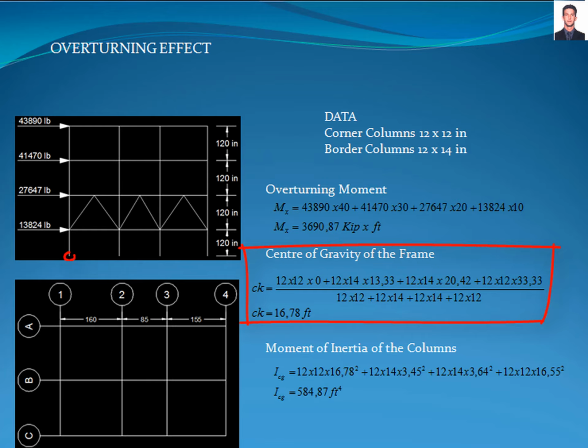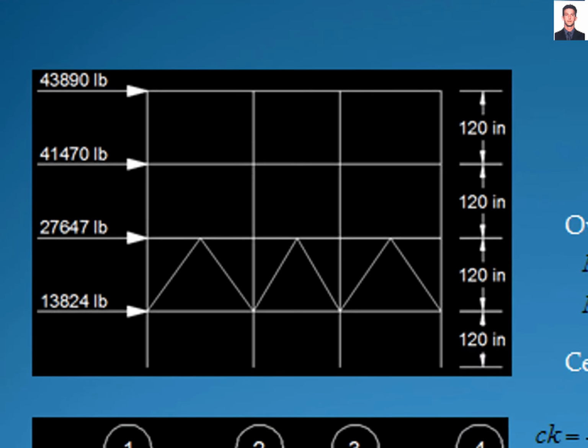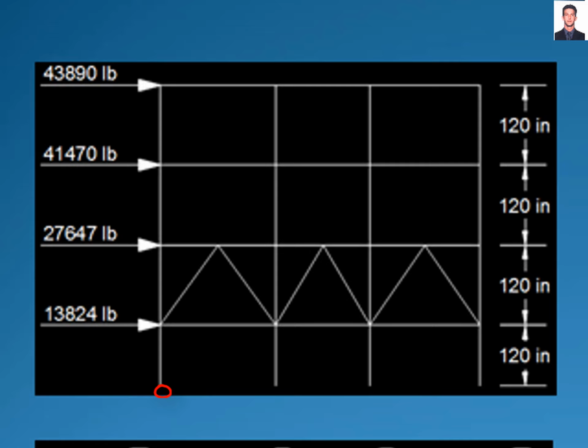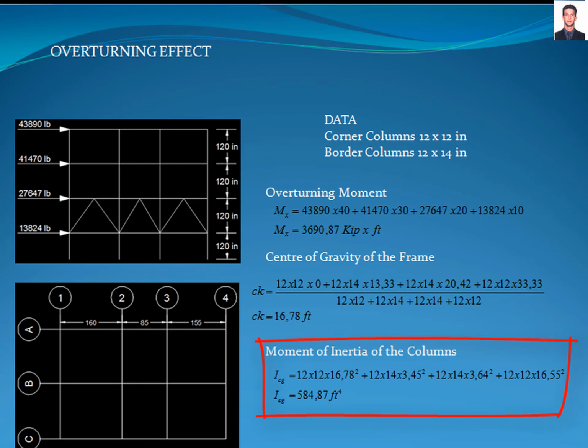Now we calculate the center of gravity of the frame by multiplying the area of the column by this convenience point, resulting in 16.78 feet. After that, we calculate the moment of inertia of the columns based on the distance from the center of gravity of the section to the center of gravity of the frame. The summation of the inertias results in 584.87 square feet.